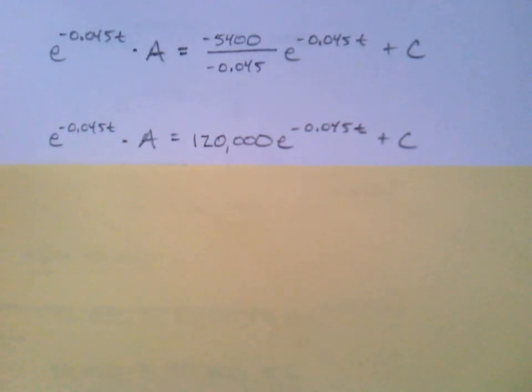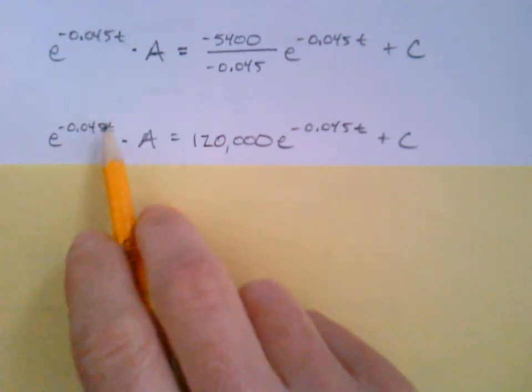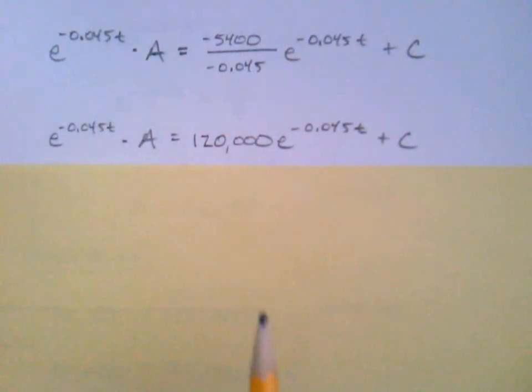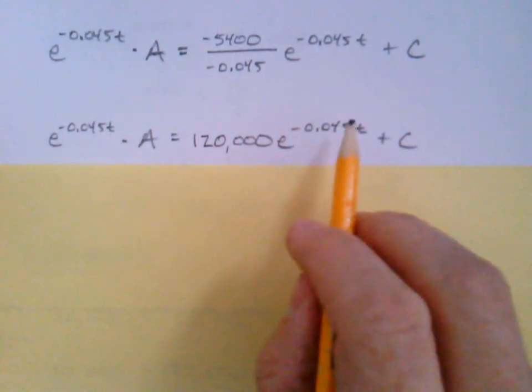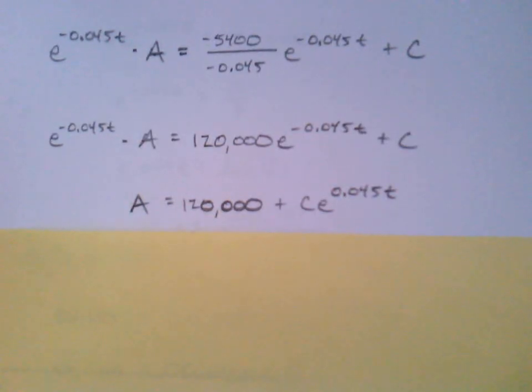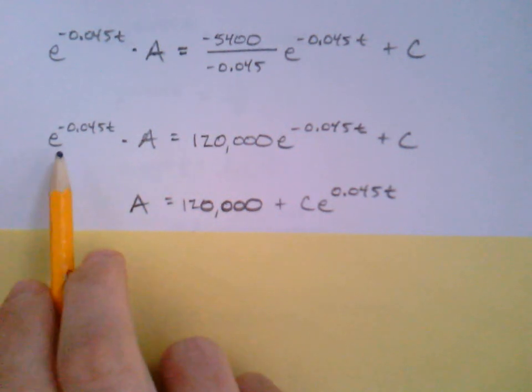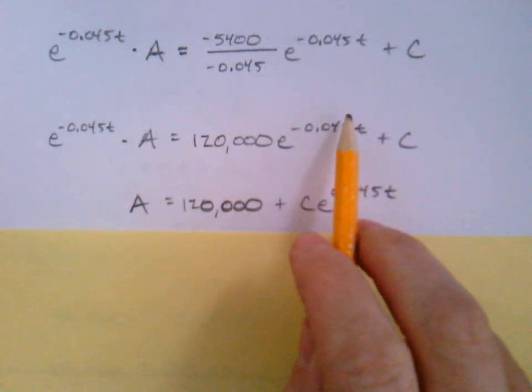And whenever we solve a linear differential equation, it's always really easy to get the explicit solution. We're going to divide by this. And when we do, it's going to cancel this one, but don't forget about the c. There you go. So when we divide both sides by our e, it cancels out there.